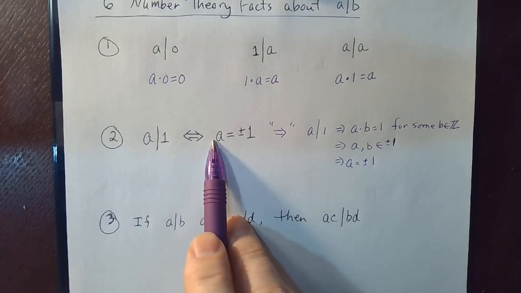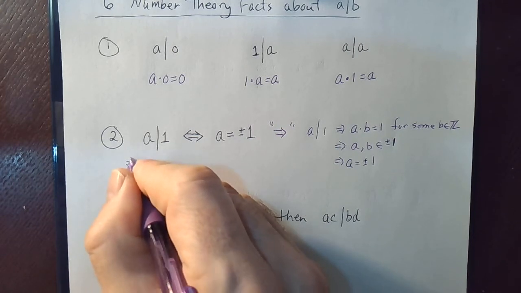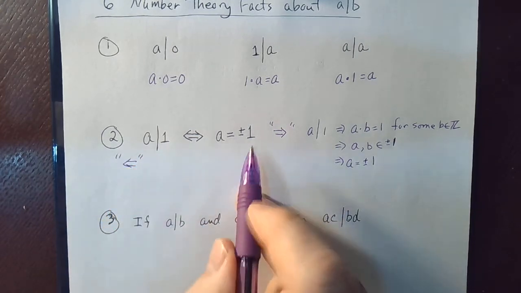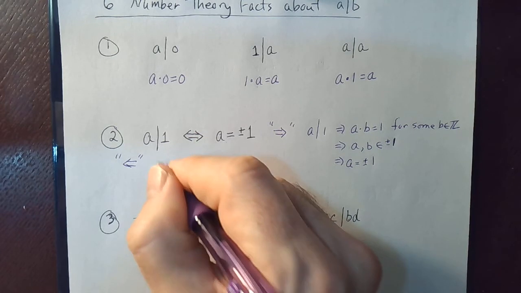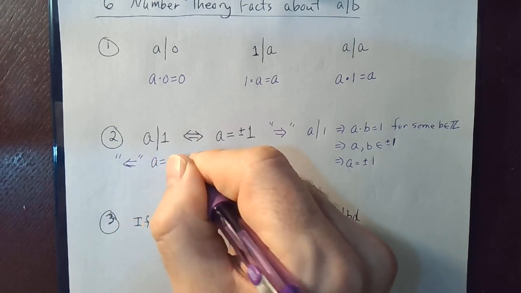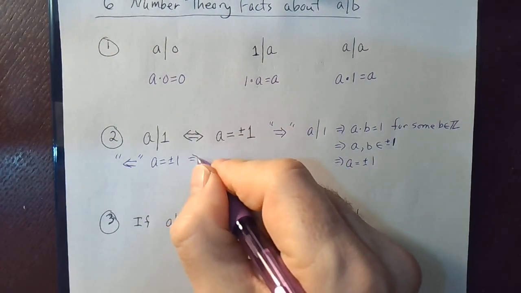So for the second part, I'm going to go this direction. I'm going to assume that a is equal to plus or minus 1. So if a is equal to plus or minus 1, well, that tells us that, let's see, what does that tell us?